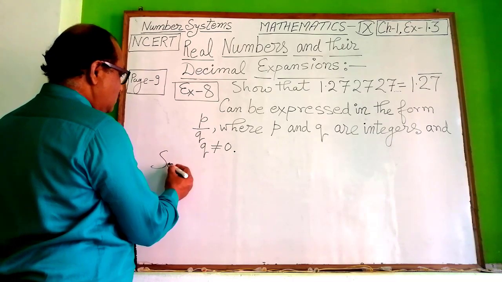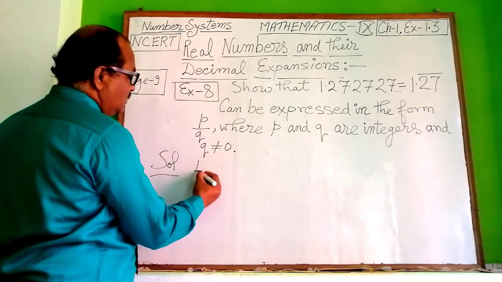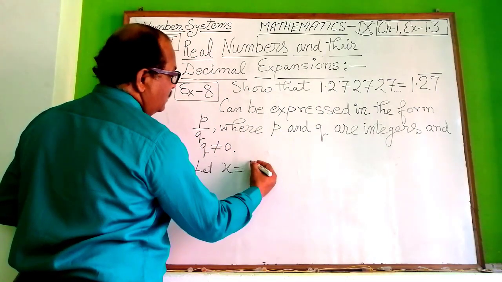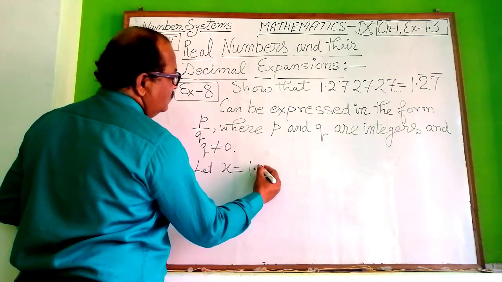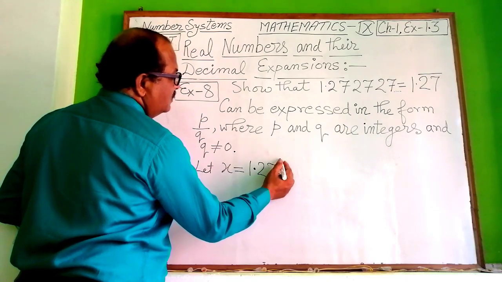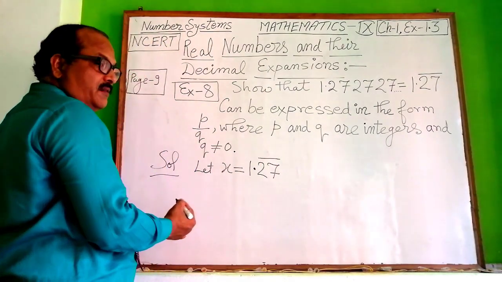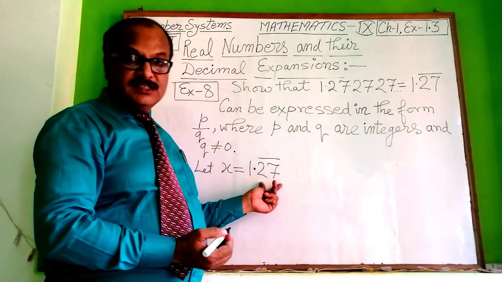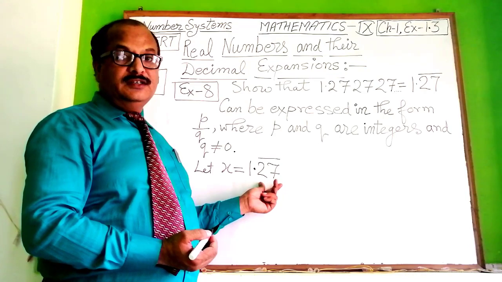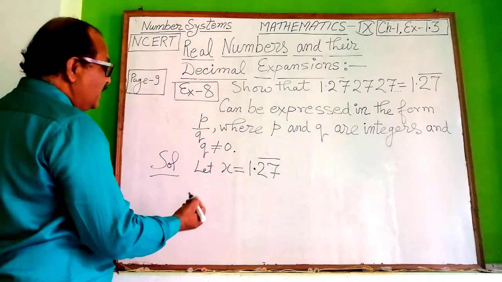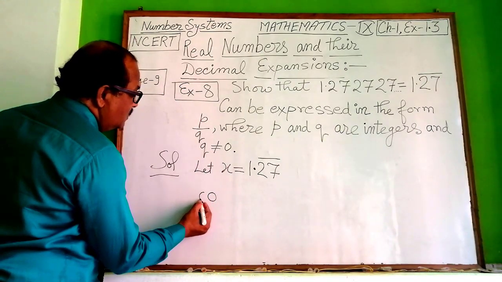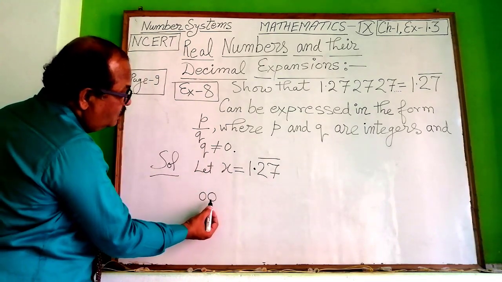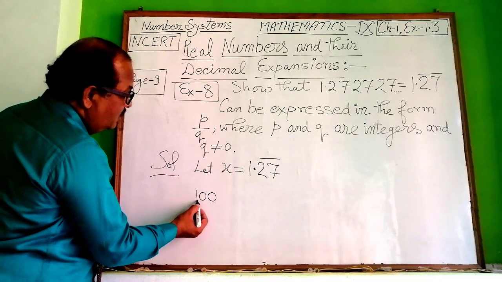See its solution. First consider x is equal to the given number 1.27 repeating, with 2 and 7 repeating. See how many digits after the decimal place are repeating, and multiply by the corresponding zeros. 2 digits are repeating, so 2 zeros, containing 100.